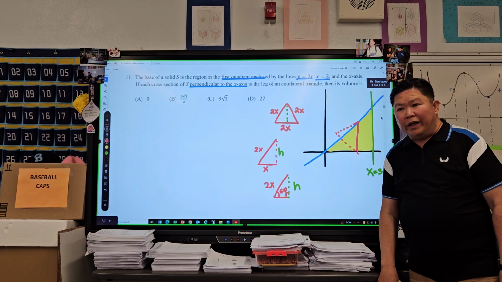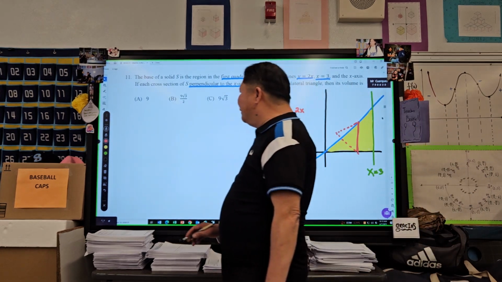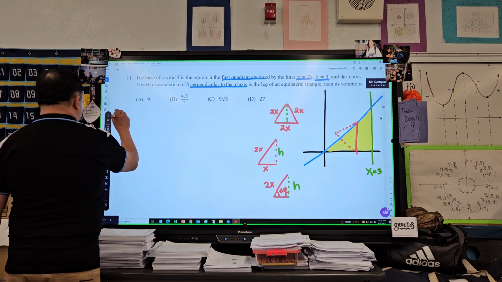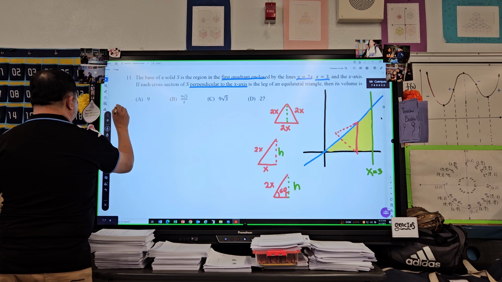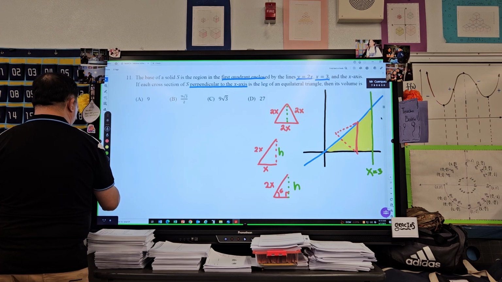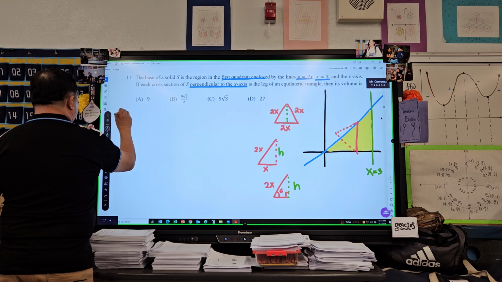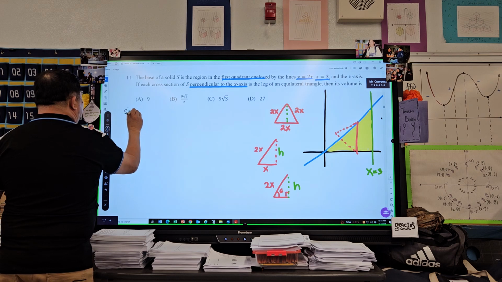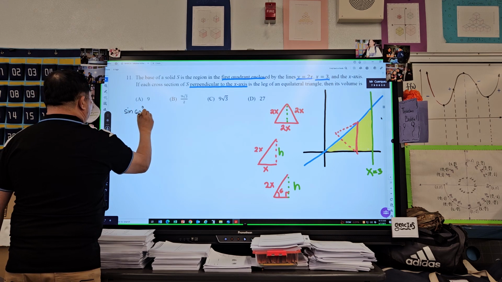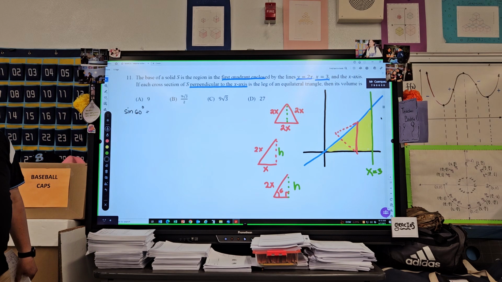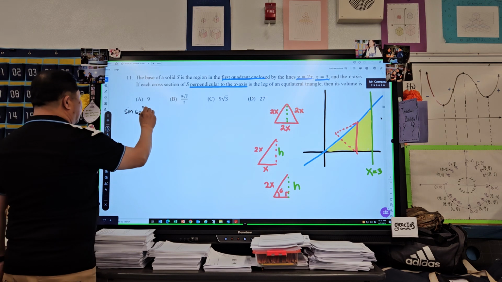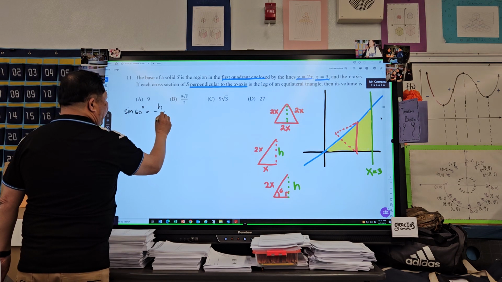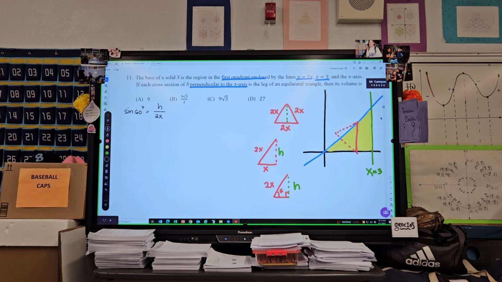So we have sine, right? Sine 60 degrees is equal to the opposite side, which is h, over the hypotenuse 2x.